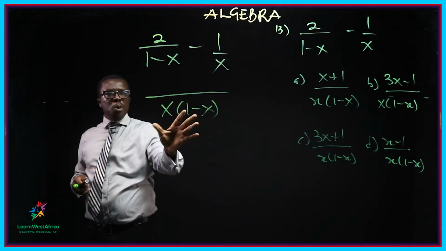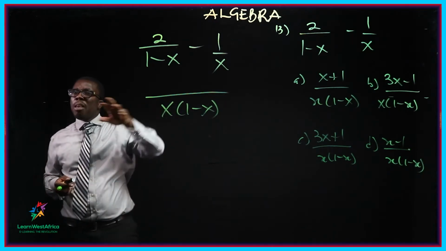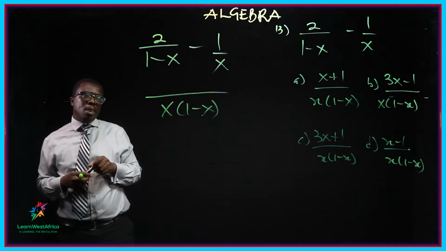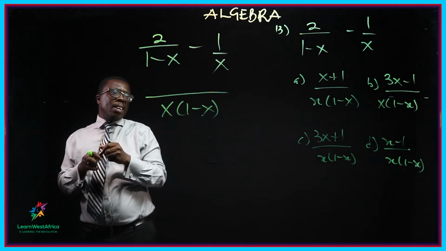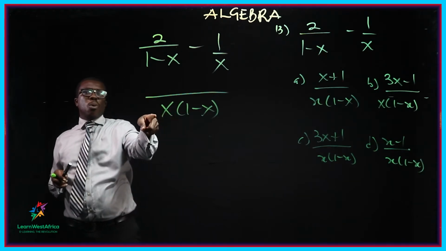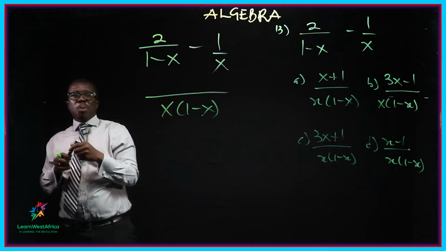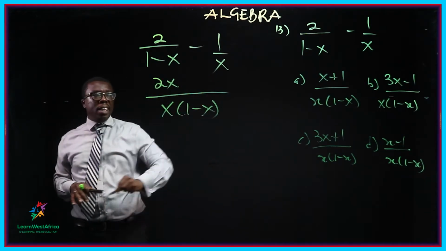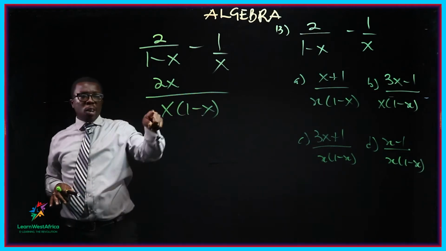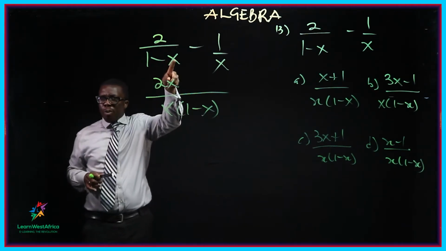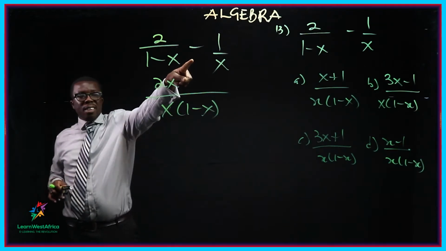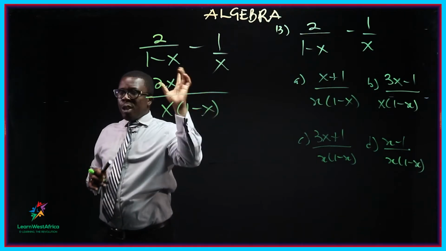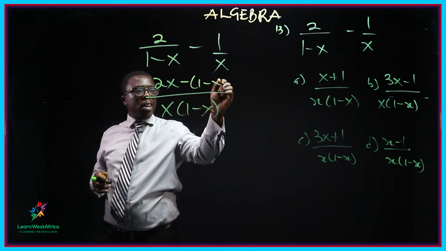Then divide the LCM by each denominator and multiply. For the first term, 2 times x gives 2x. For the other, 1 minus x multiplied by 1 gives 1 minus x. Because of the minus sign before it, we open the brackets with minus 1 minus x.